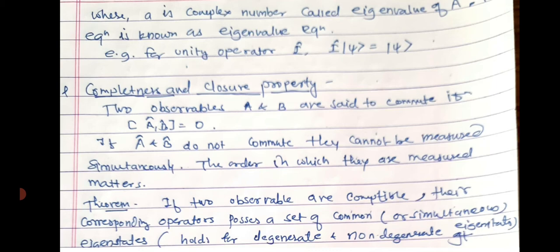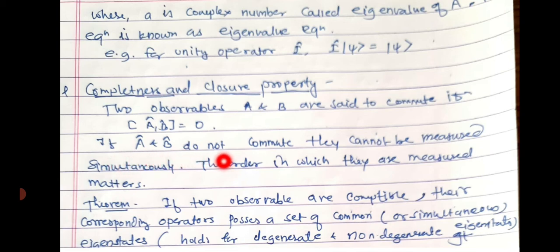The next topic is completeness and closure property. For this, first of all we have to study what happens if we have two observables a and b and their corresponding operators are A cap and B cap. If we can say the commutator of A and B is equal to 0, this square bracket is the commutator bracket. We studied this commutator bracket.